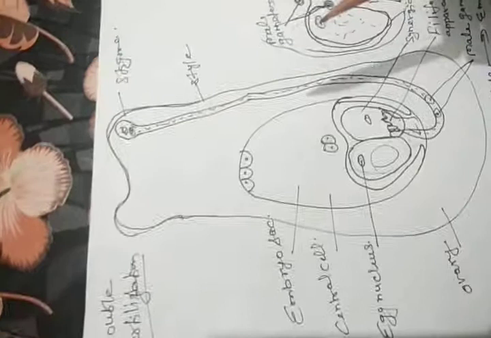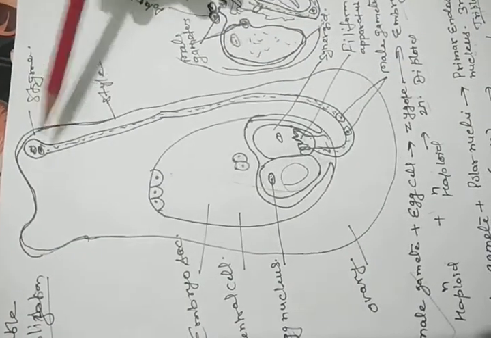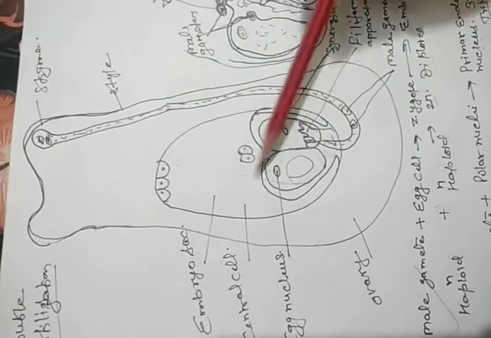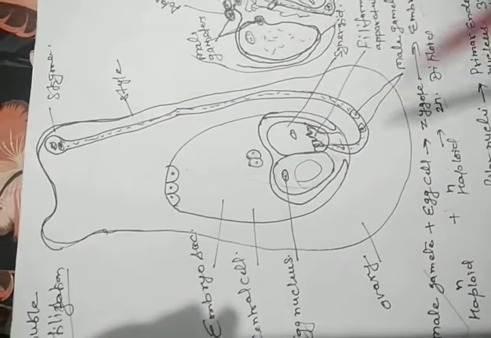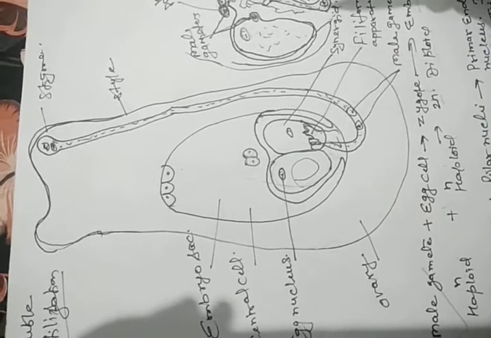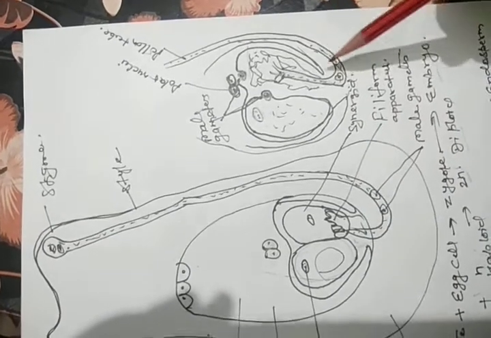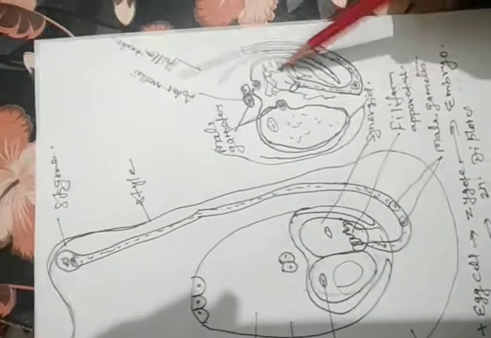So now what we see is that after pollination the pollen grain germinates, and the pollen tube arises and enters into the ovule. This is the ovule, inside the ovule this is the embryo sac, and through the micropylar end, the filiform apparatus guides the entry of the pollen tube into one of the synergids.